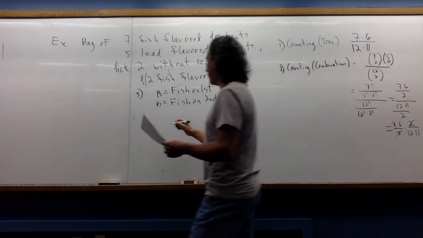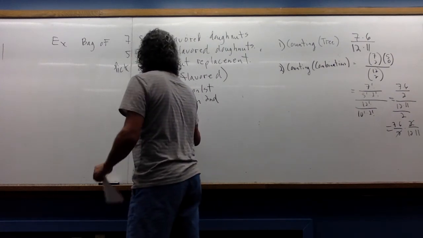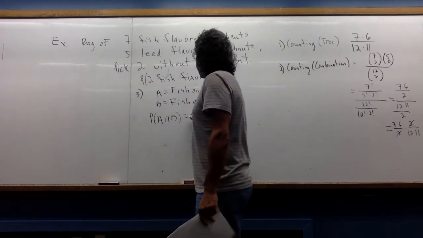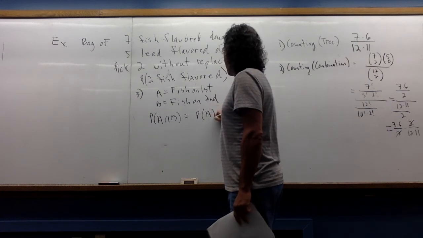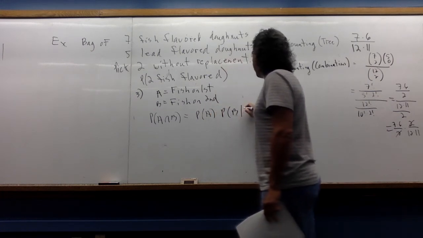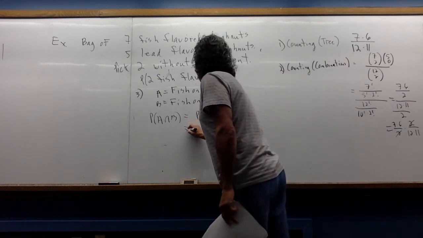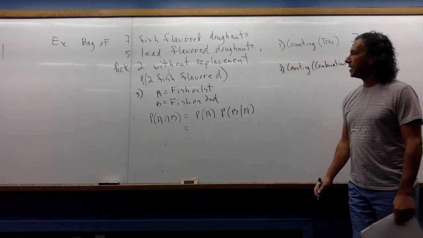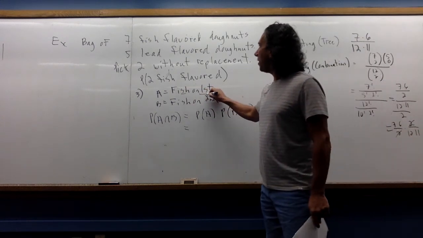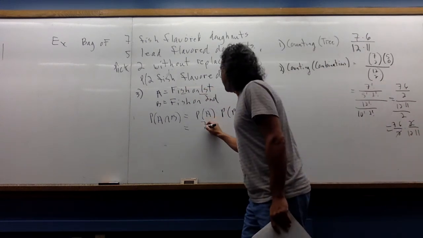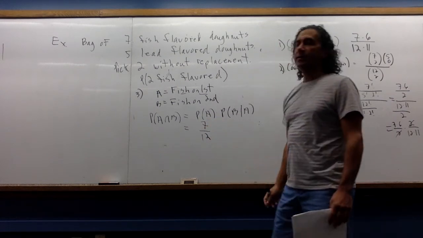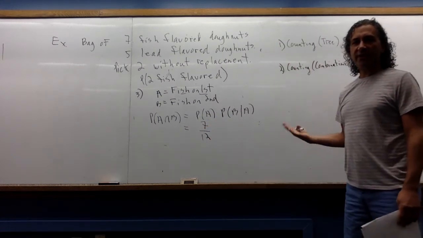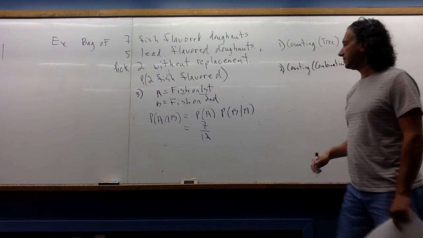Okay, hopefully you said the probability of A and B is once again the probability of A times the probability of B given A. Well, the probability of getting fish on the first is 7 out of 12. We have 7 fish out of possible 12 choices.